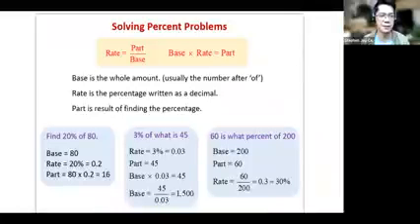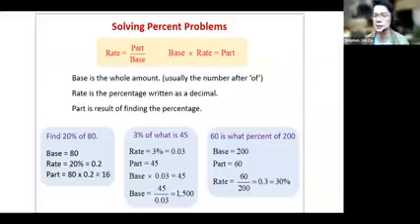Next, solving percent problems. This one is for basic. The rate is equal to part divided by the base, or base times rate is equal to the part. So base is the whole amount, rate is the percentage written as a decimal, and part is the result of finding the percentage. Such as find 20% of 80, so simply multiply. 3% of what is 45?